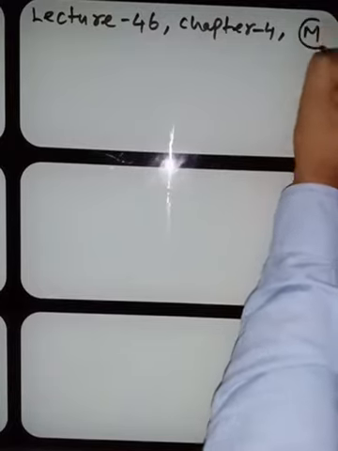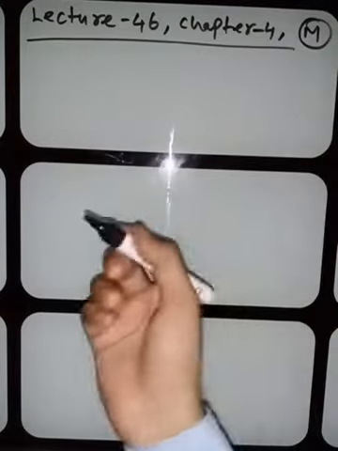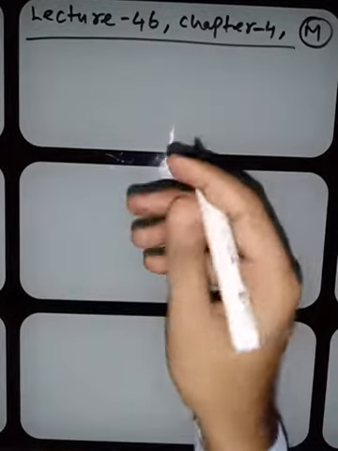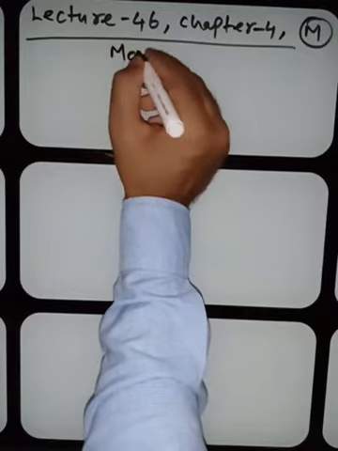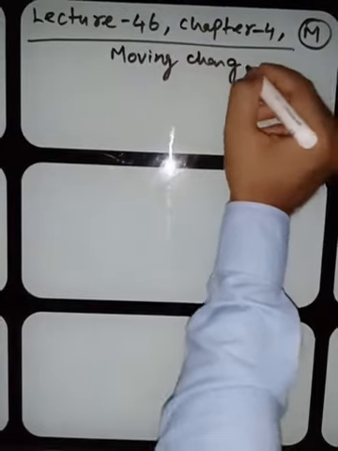In short, I'm writing so that we don't use much space. Moving charge and magnetism. It is the first lecture, that's why I'm writing here the moving charge and magnetism.